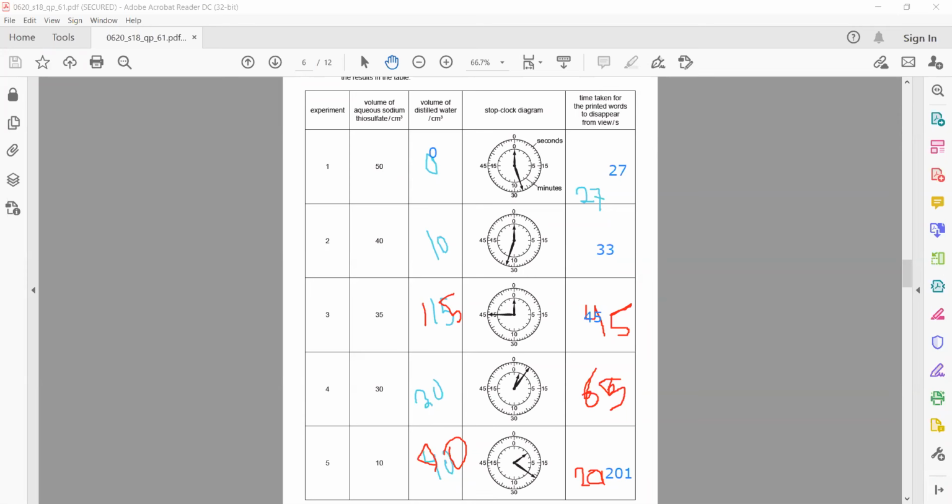So 0, 10, 15, 20, 40, and the time is 27, 33, 45, and this one is 66 actually, because it is 1 minute and then 6, so this will be 66. Rest all correct.